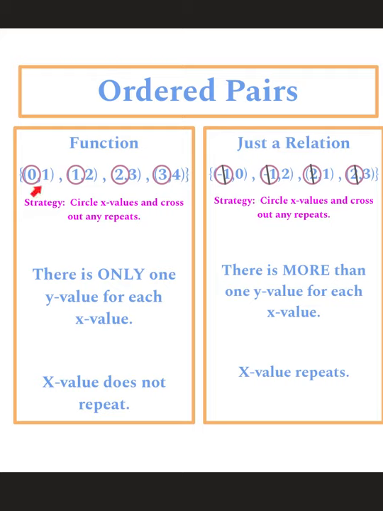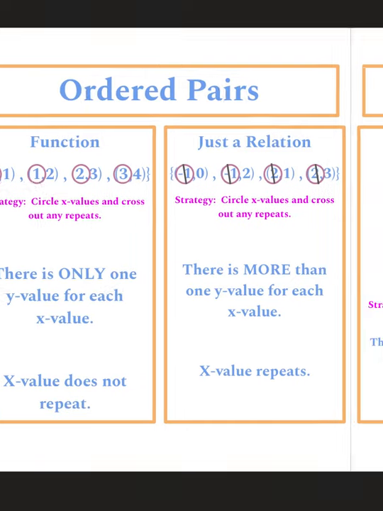So notice, this is a function because no x value repeats. When I go over here, I circled all of my x values, but if you notice, it has two negative ones in the x place, and then there's also two 2's. And since the x value is repeated, that means it is not a function. That's what it would look like on an ordered pair.